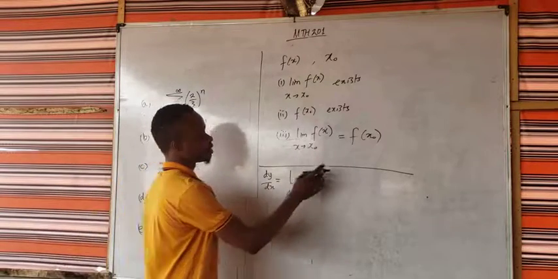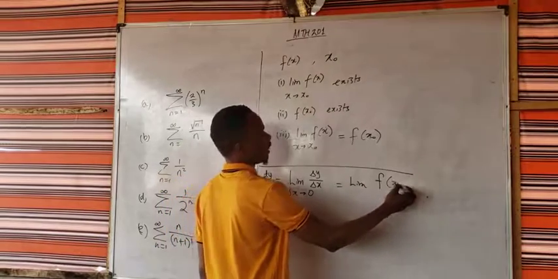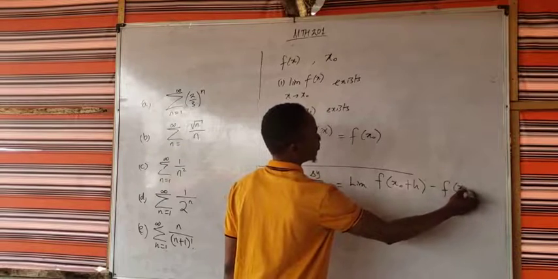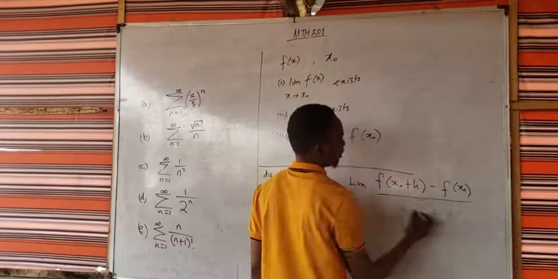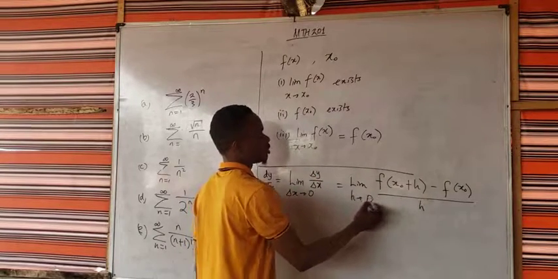But here we are not using delta y. Instead, we say f of x naught plus h, minus f of x naught, all over delta x, where delta x is what we are representing as h here, as h approaches 0. Is that clear?